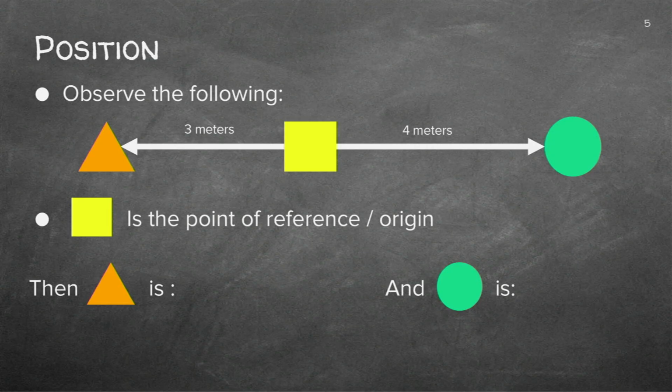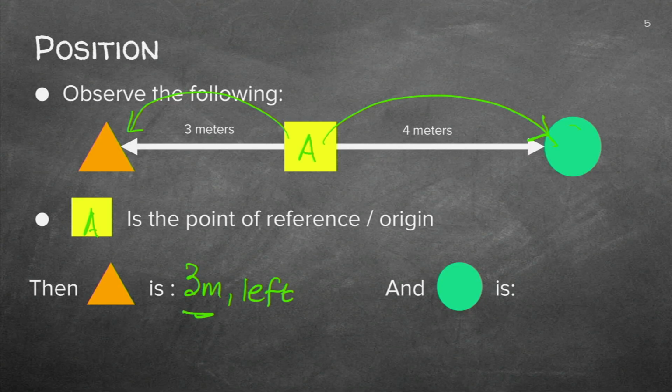I'm starting at point A. It is 4 meters to that side to find the circle, and it's 3 meters to the left to find the triangle. So if I use the block A as my reference, the triangle is 3 meters to the left.